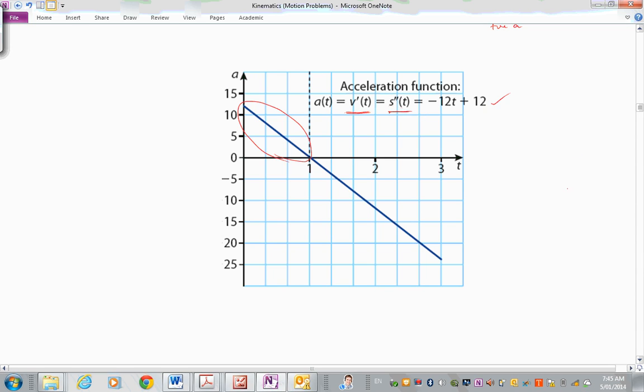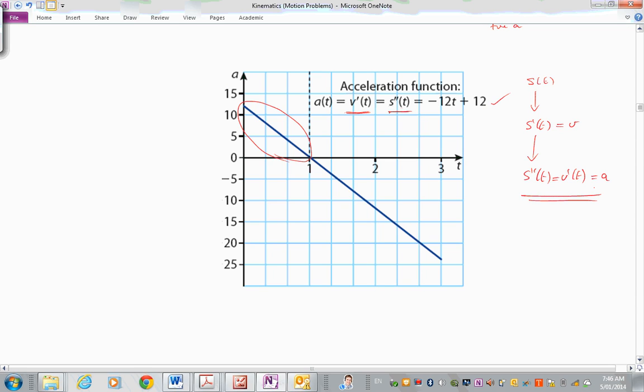You can do it again, because the journey is s of t. Let's find its derivative, the rate of change of displacement with time, which is velocity. And if we did it again, that would be the derivative of velocity, which would be the acceleration. Now, could you do it again? Could you do it to this one?